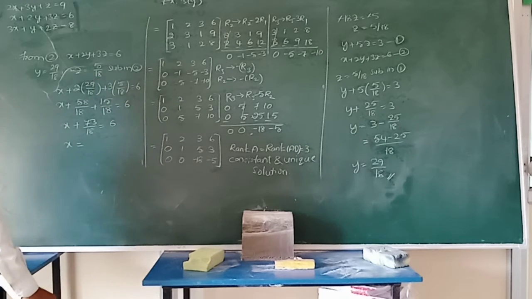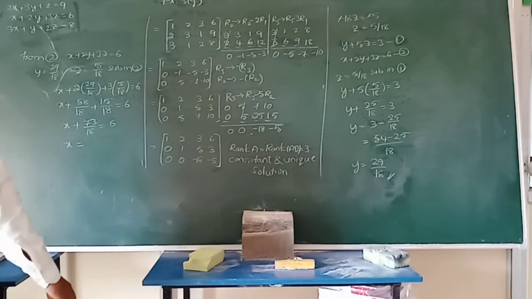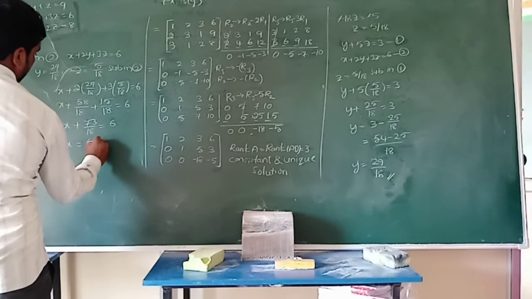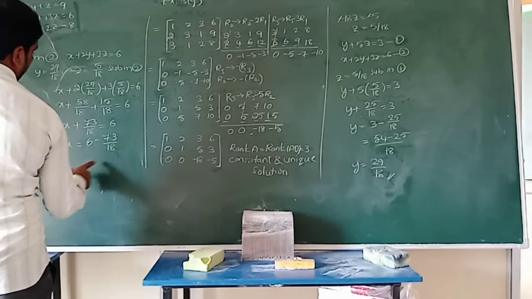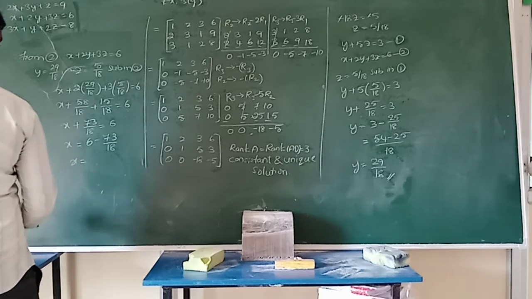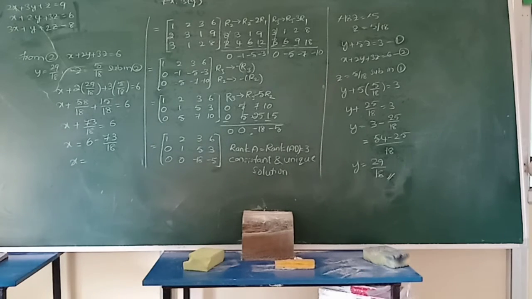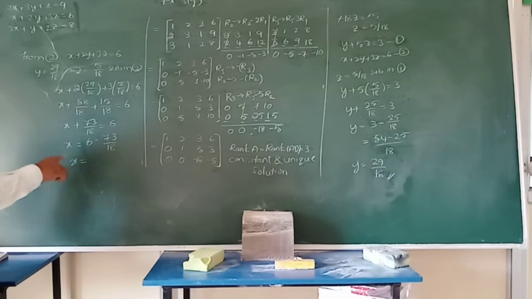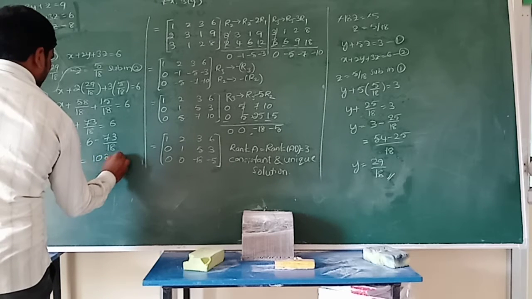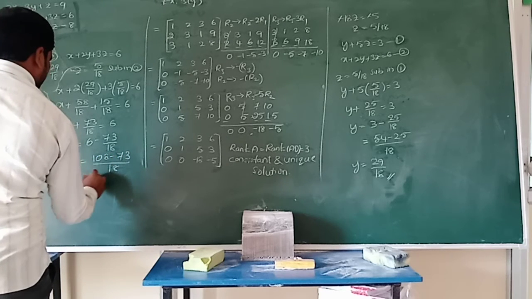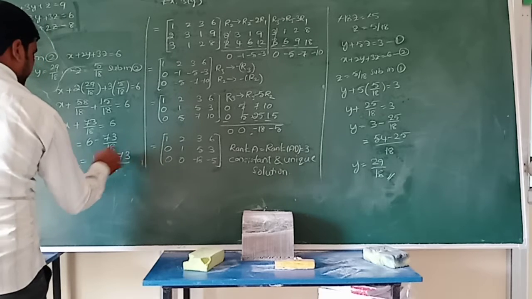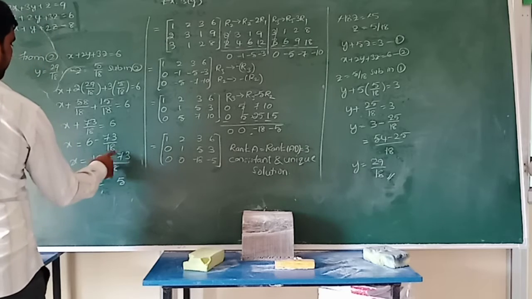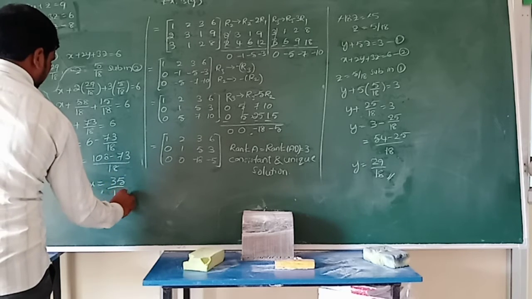So x is equal to 18 6s are 6 minus 73 by 18. 18 6s are 108, so 18 5s are 90. 18 6s are 108 minus 73 by 18, that is x is equal to 35 by 18.